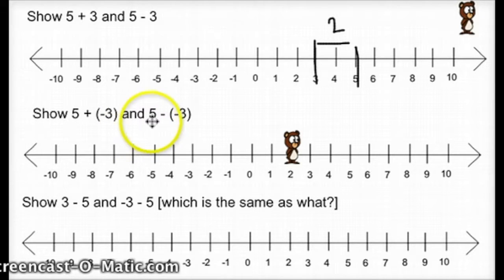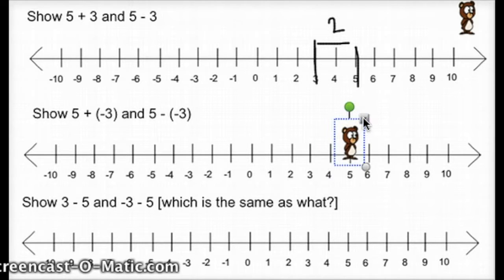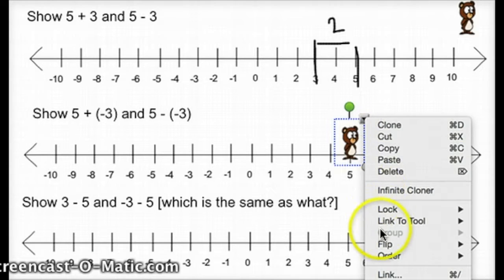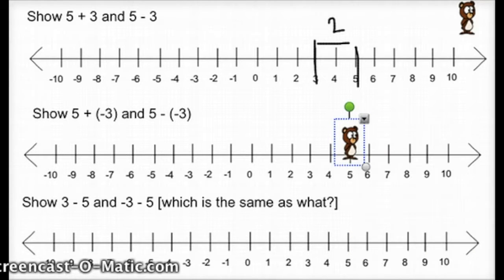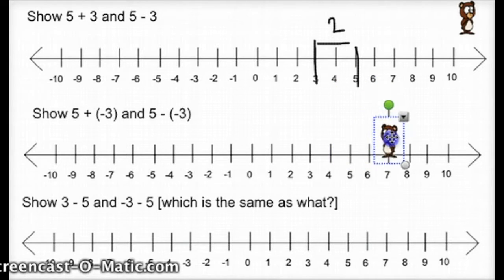If we want to do 5 minus a negative 3 now, we would want to start at 5, and if we're subtracting, we want to face backwards and now walk backwards 1, 2, 3 to end up again at positive 8.